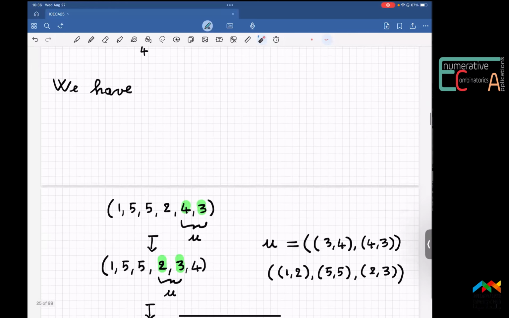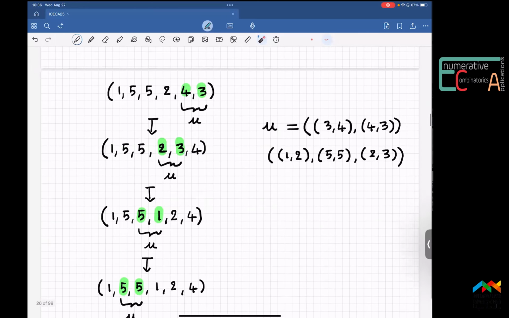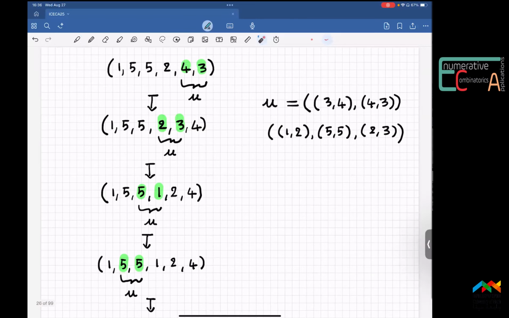Okay. So here we are. We have 1, 5, 5, 2, 4, 3, and I have to apply u to 4, 3. U to 4, 3 is 3, 4. So 4, 3 becomes 3, 4. And u moves one step to the left. So now you have to apply u to 2, 3. U of 2, 3 is 1, 2. So 2, 3 becomes 1, 2.